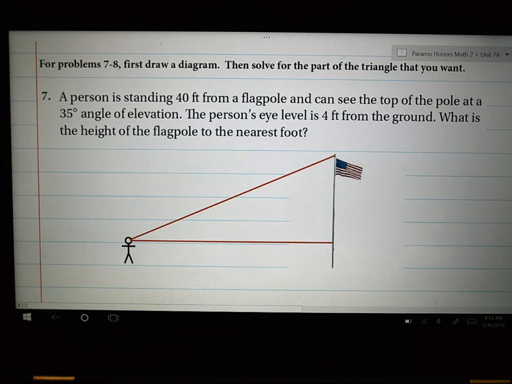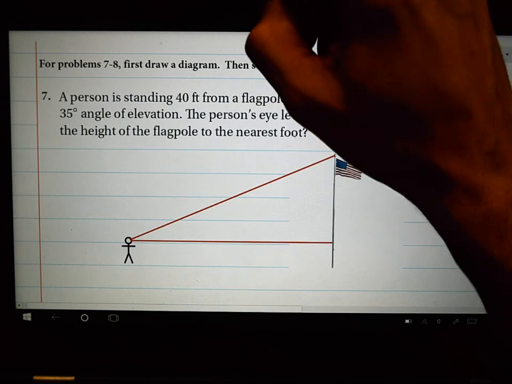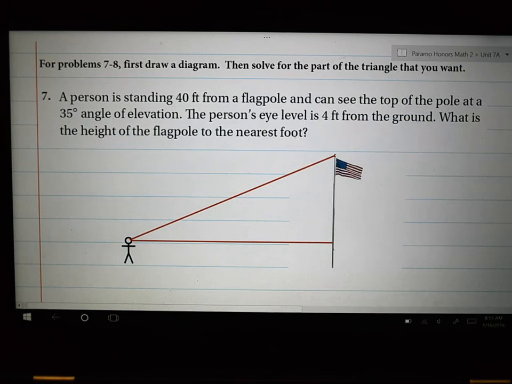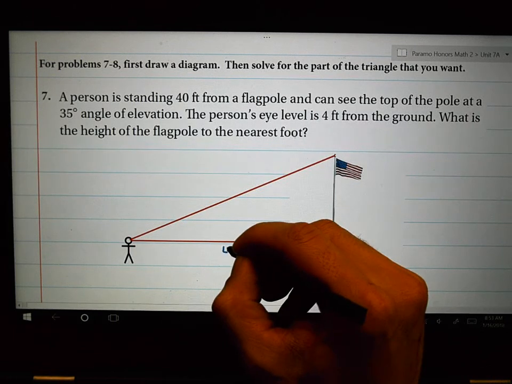So I'm going to start putting in some values into this particular triangle. The person is standing 40 feet from a flagpole. What is that? Where does it go? I would put it right here.